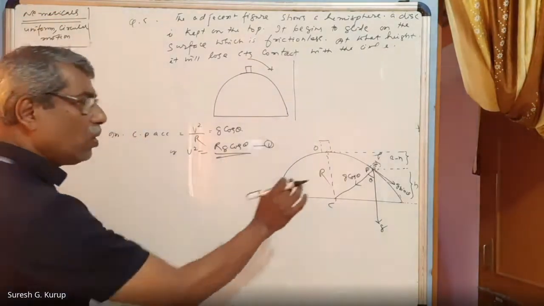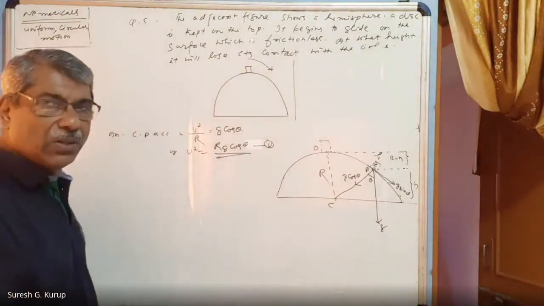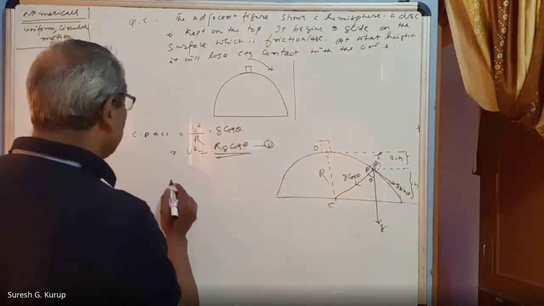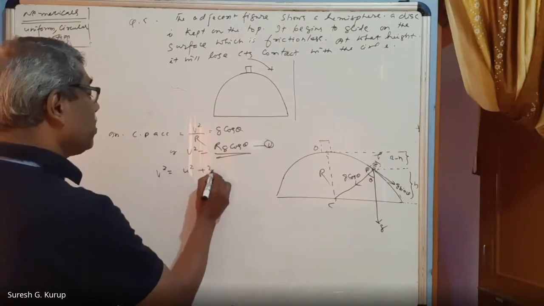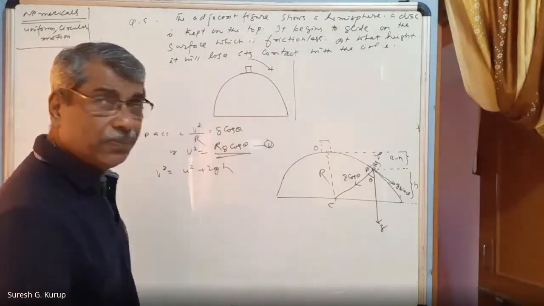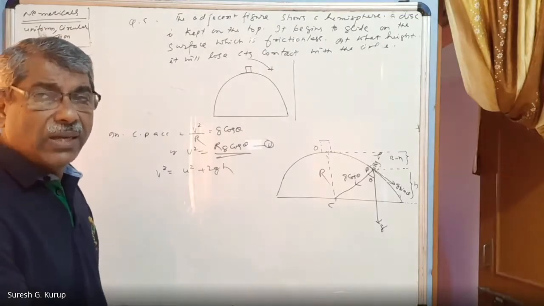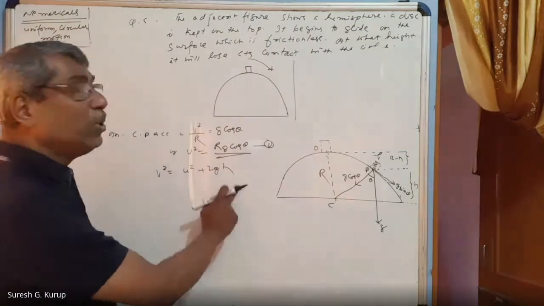To calculate the downward velocity of the body at this point, that means along the tangent, we can write v square is equal to u square plus 2gh. There is a formula here when a body is moving down with the acceleration equal to acceleration due to gravity, then v square is u square plus 2gh.